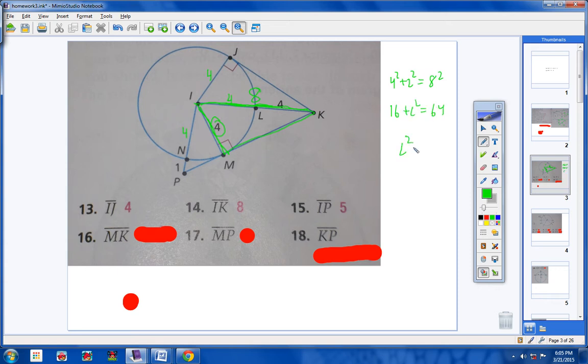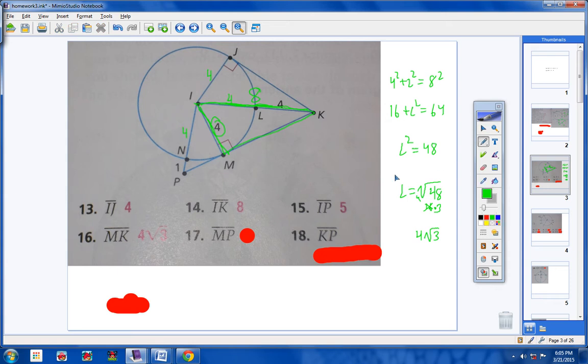That would be L squared equals 48. Take the square root of both sides. L equals square root of 48. Now, you're welcome to break that down, of course. 48 is 16 times 3. So cross out the 16, put a 4 on the outside. So 4 square root of 3. Alright? 4 square root of 3.